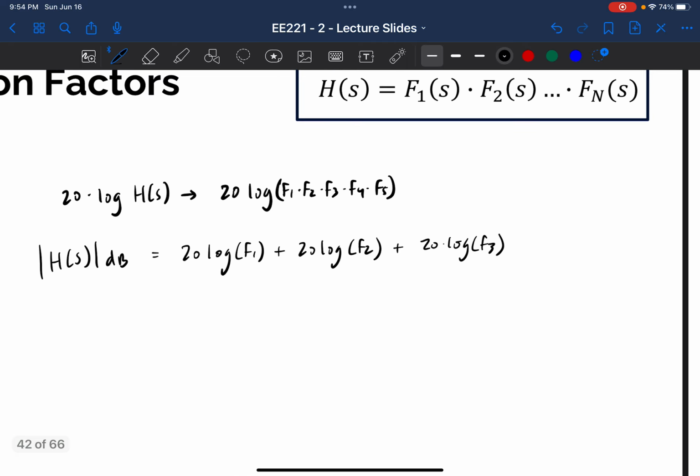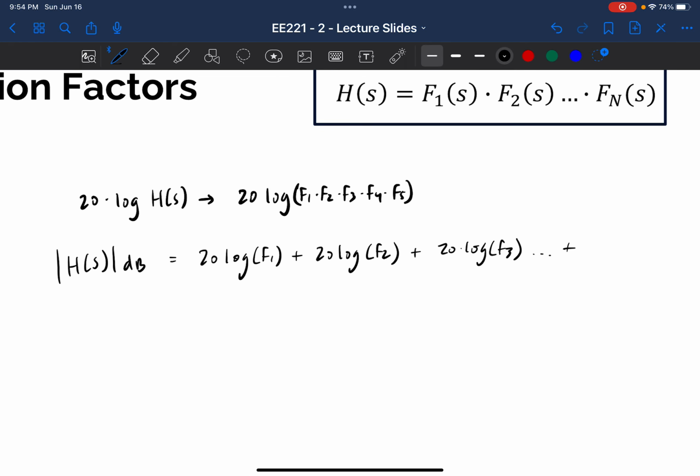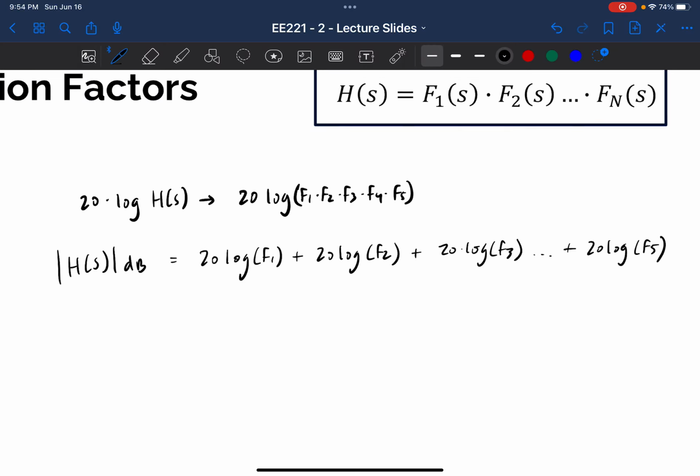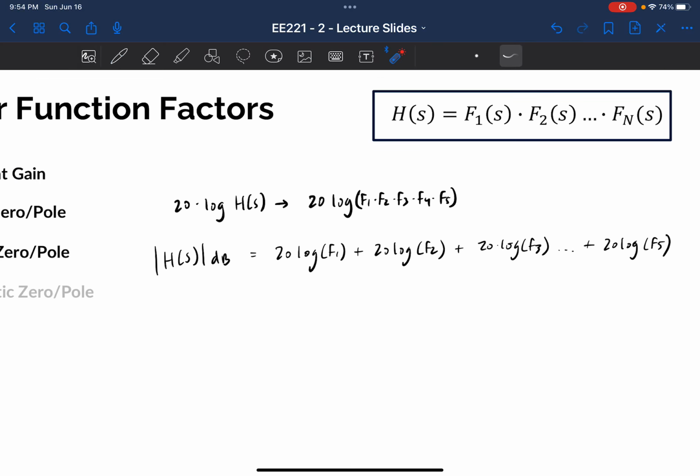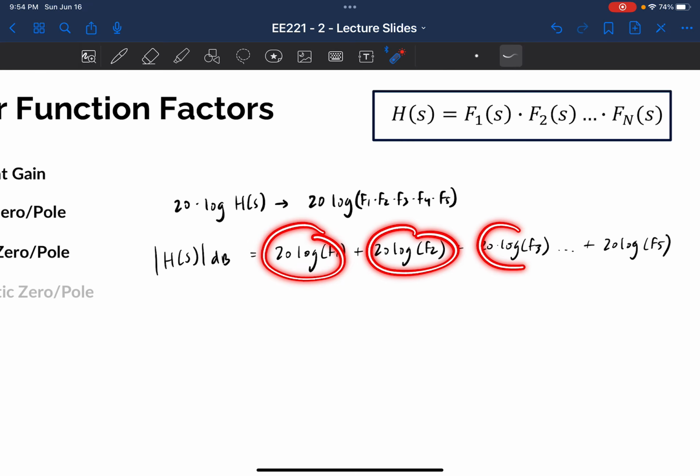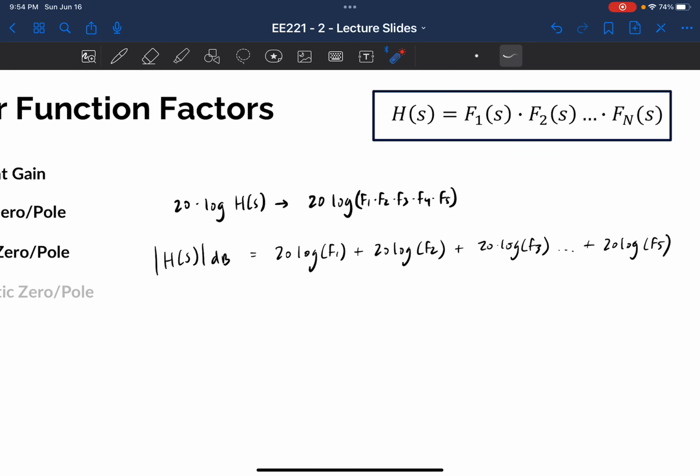And so all I need to do is I need to know what the magnitude of each of these things looks like individually, and I can plot those Bode plots, and then I can just sum up their effects, right?